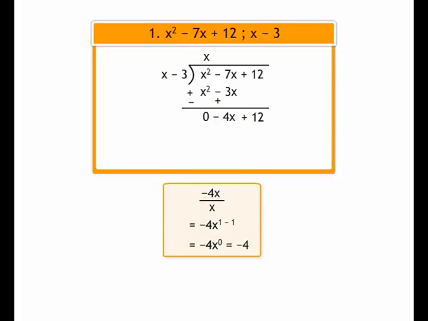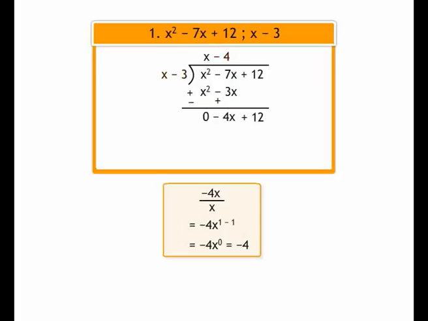I hope you remember any polynomial raised to 0 is equal to 1. Now we will write minus 4 as the second part of the quotient above the line. After this, we will multiply the quotient we got, that is minus 4, with the divisor, that is x minus 3.